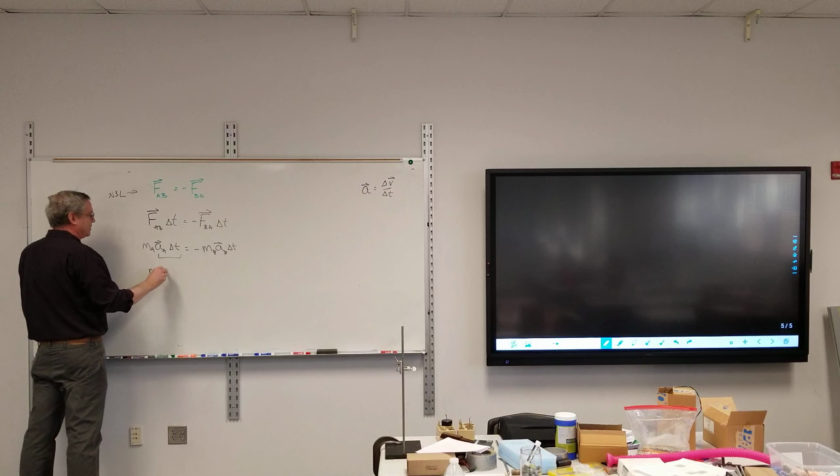So that's just mass of A times VA final minus VA initial equals negative mass of B times VB final minus VB initial.